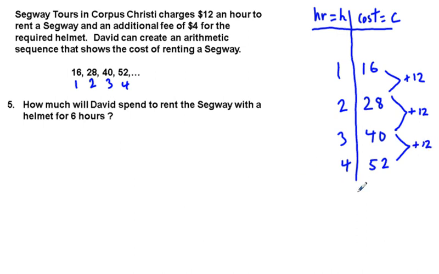And we could go ahead and create a function. That would be one way to do this. Another way to do this would be just to continue our table. Okay, 5, 6. So we know if we add another 12 to 52, we're going to get 64. And then to get to 6 hours, we're going to have to add another 12. So 64 plus 12, 76.